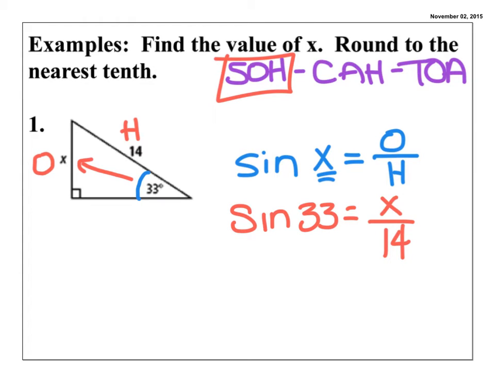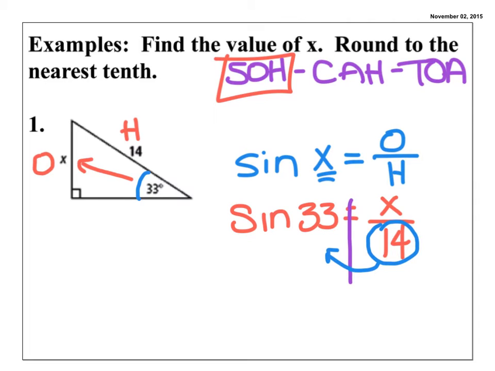Now, once you have the equation set up, I need to get x by itself. I notice that my x is right here in the numerator of this fraction, so I need to get rid of this 14 that is in the denominator. This is an equation, and I've got two sides to every equation. If I want to get x by itself, I need to get this 14 to the other side somehow.